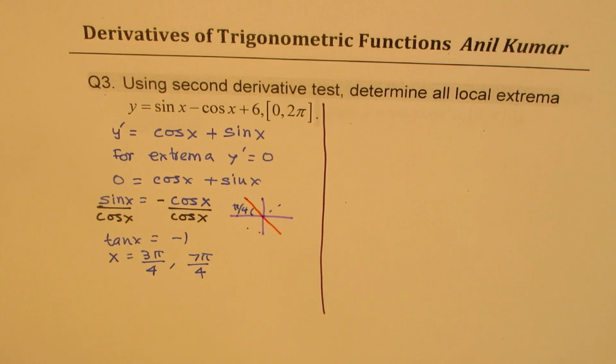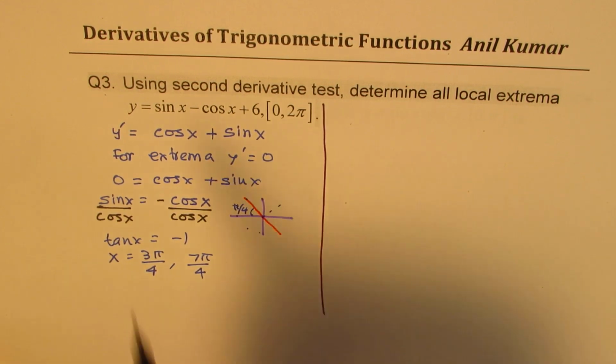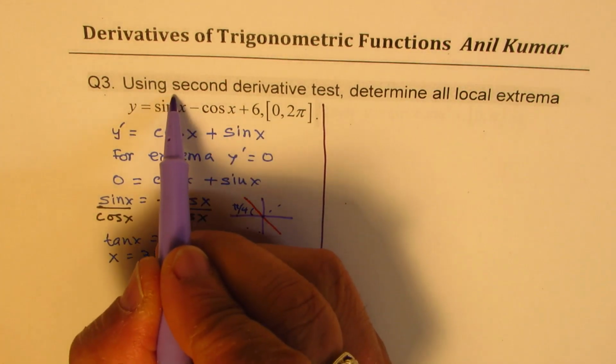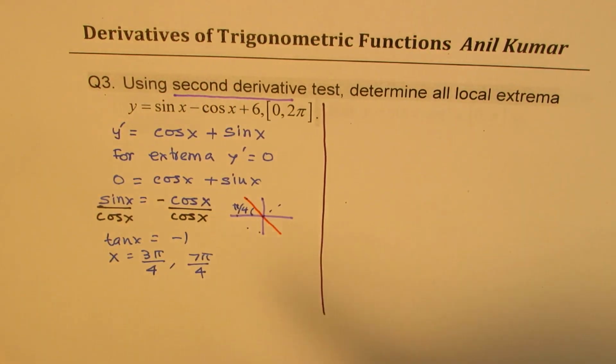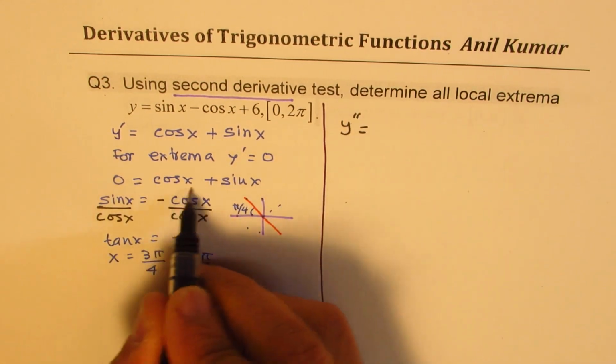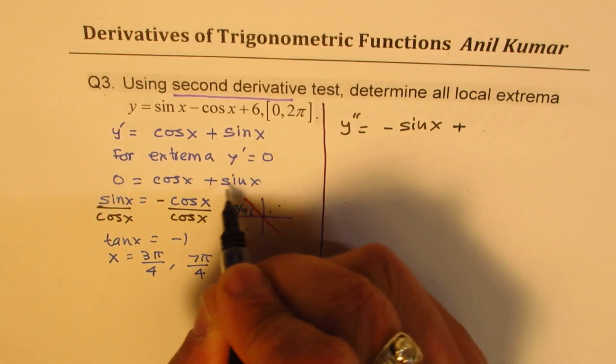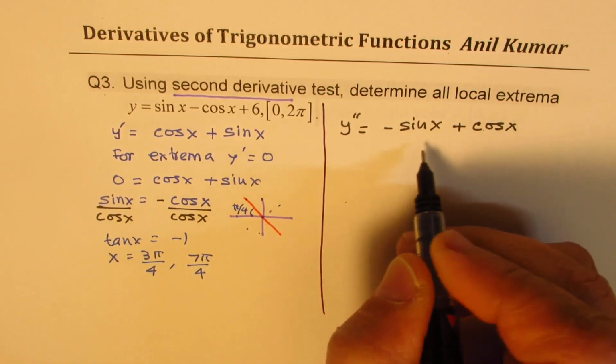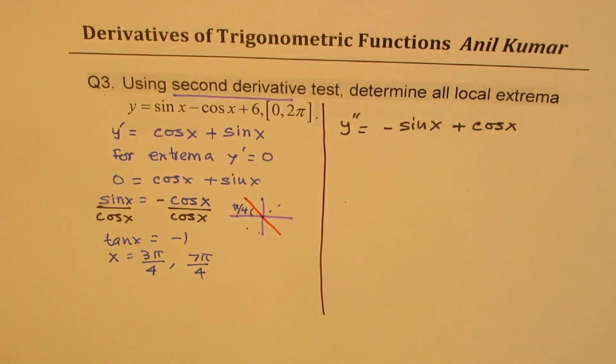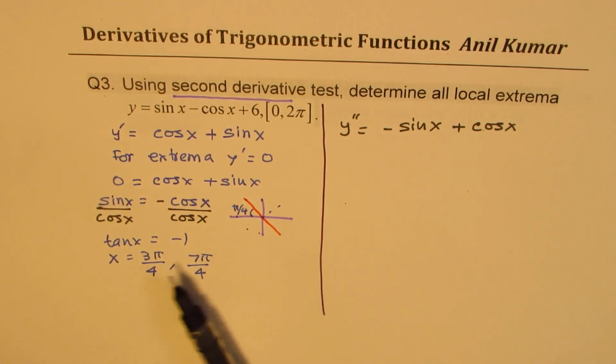Right? So when we say using second derivative, determine all local extremas, we could have actually also found the value from here. We know the critical numbers are at 3 pi by 4 and 7 pi by 4. But since the question says using the second derivative, we have to find the second derivative, correct? So let's find the second derivative, and we get minus sine x plus cos x, correct? So now the second derivative test. In the second derivative, we have to check these two values.